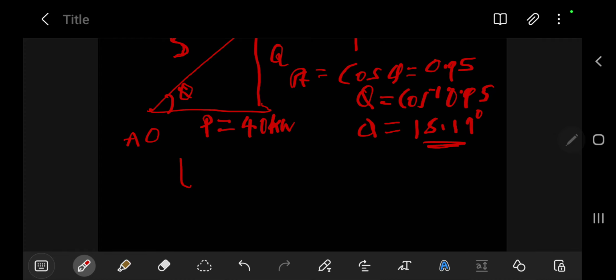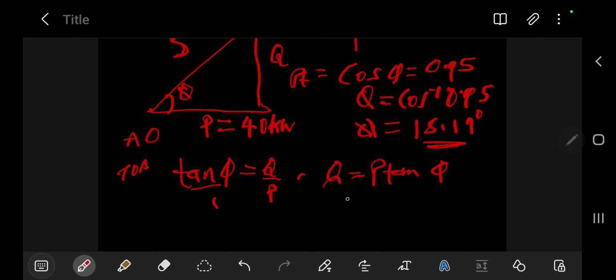So we just need to use the tangent function. Tangent phi is equal to the opposite, Q, over the adjacent, P. Hopefully you guys don't mix this up. This is the angle phi, and this is Q, the reactive power.